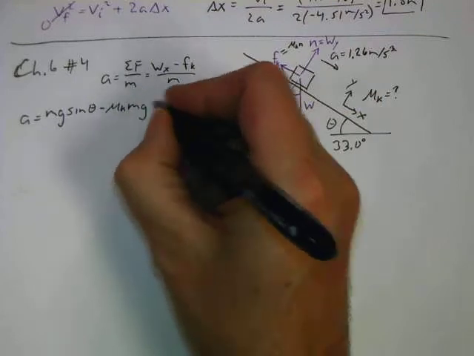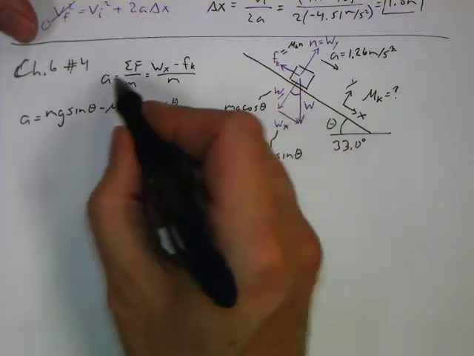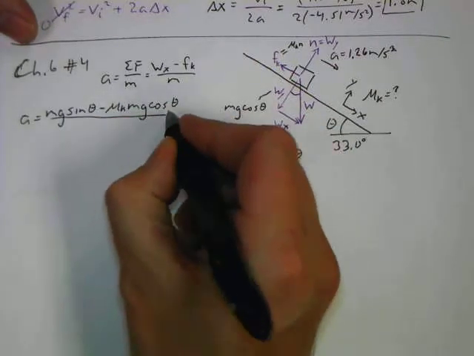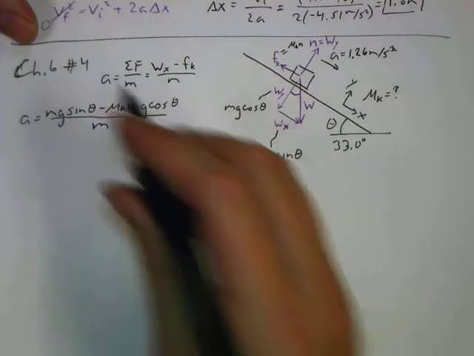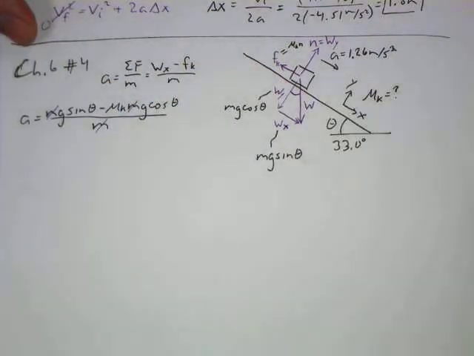Mass times gravity times the cosine of theta. And of course that whole thing is divided by mass, which is kind of nice because mass cancels out. That's what we see a lot of.